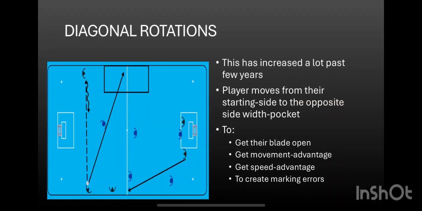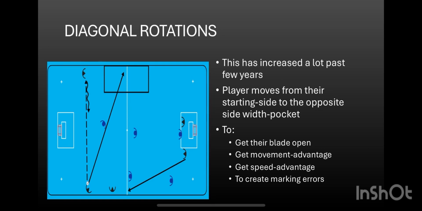And there we saw how it works in the clip. In the clip, a player from the right wide side of the pitch moved in the direction of the left wide side pocket, and thus the player was able to get an open blade situation.